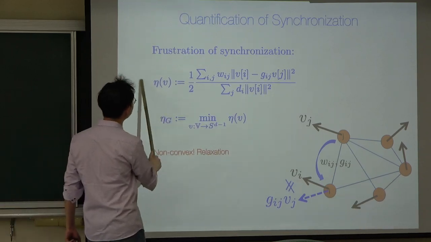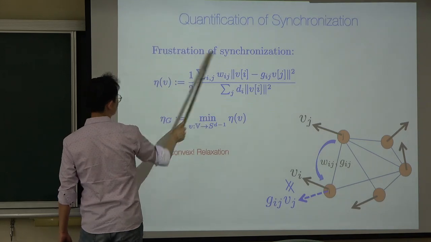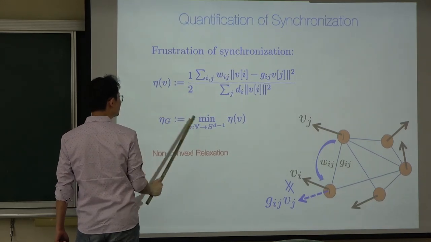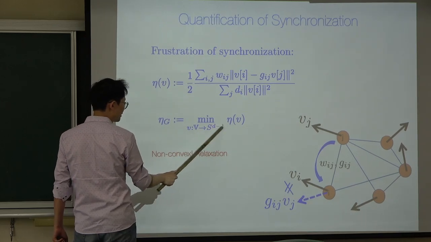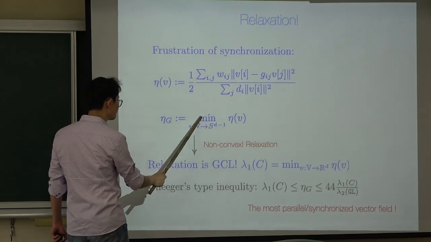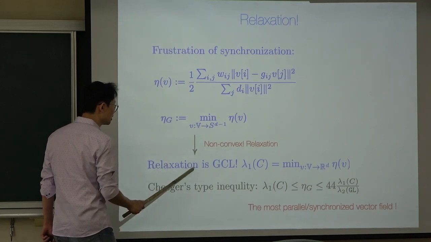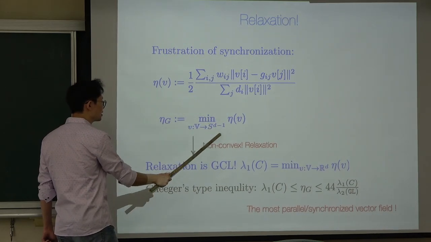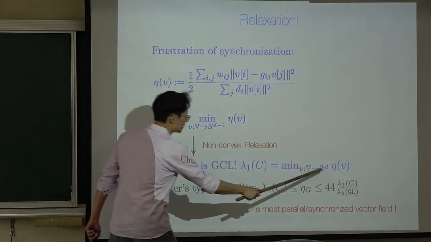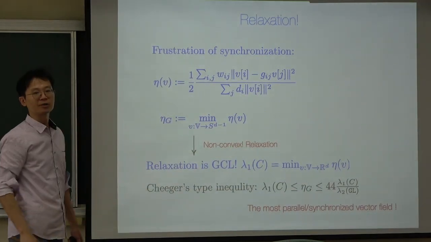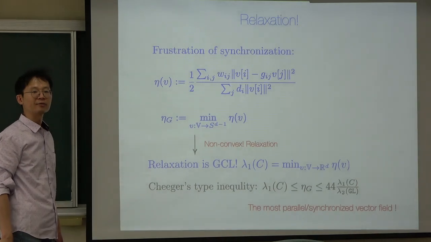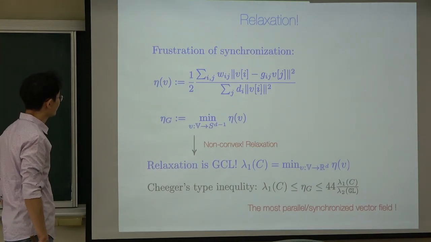Because if you define this quantity as the frustration of synchronization, then this optimization is difficult to realize because it is over S^(d-1). So what you do is you simply relax it to R^d, just R^d, and then this is the graph connection Laplacian. And you try to find the minimal eigenvalues.